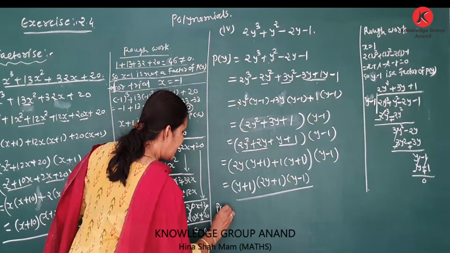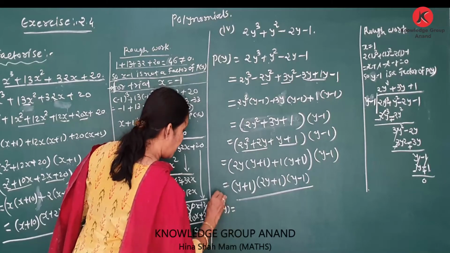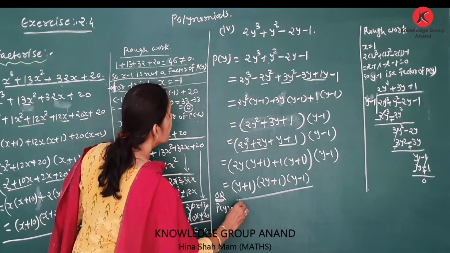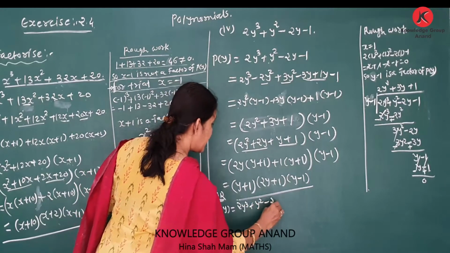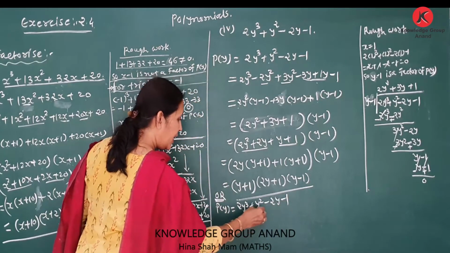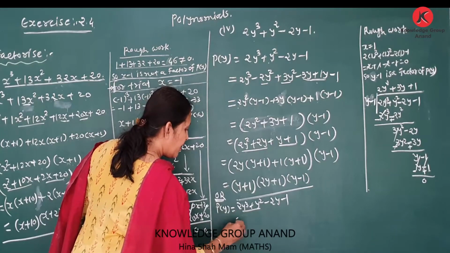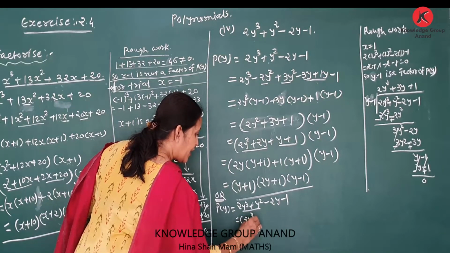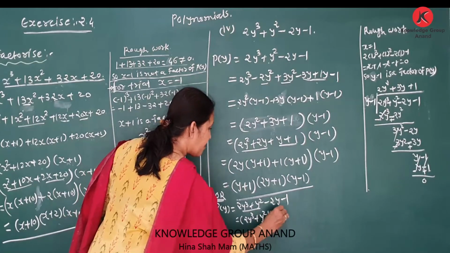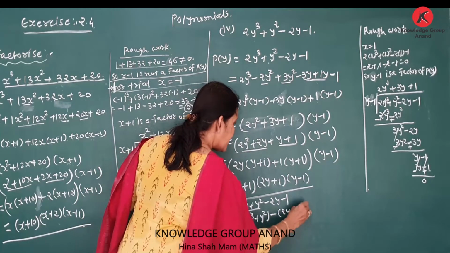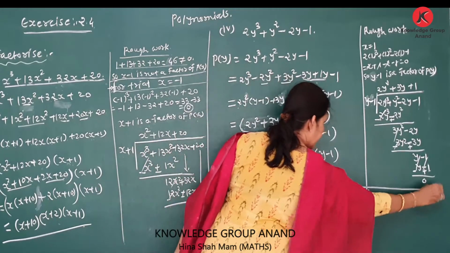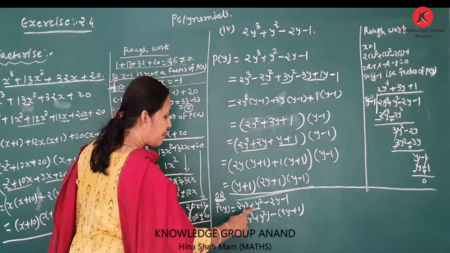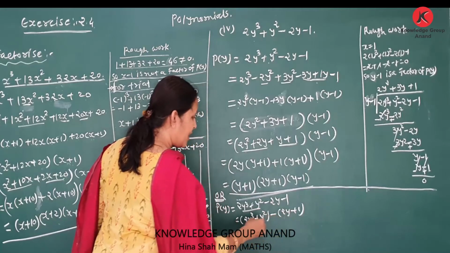Now p(y) equals, by the other method, 2y cube plus y square minus 2y minus 1. Here we take common factors in two brackets, minus 2y plus 1. For 3 marks we do the previous method; only for 1 mark or 2 marks do this method.